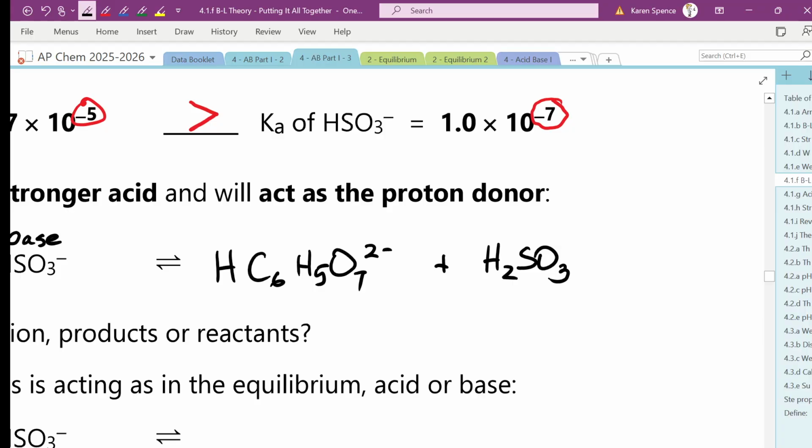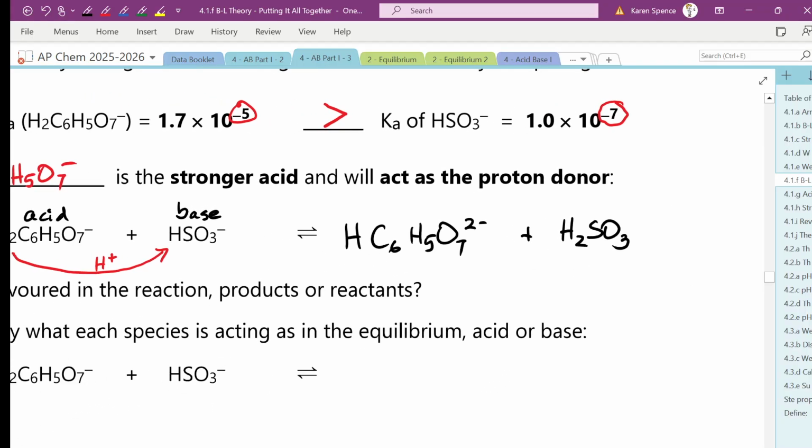Who is acting as the acid in the reverse reaction? H2SO3, that is our acid. And who is acting as the base? The other one, it's the only thing left. Who is going to be favored, and how do you know?